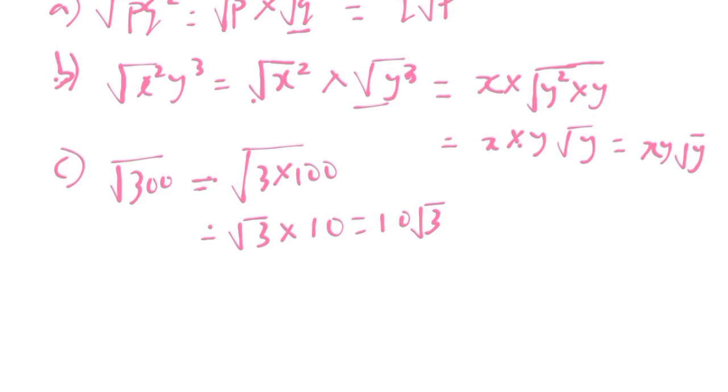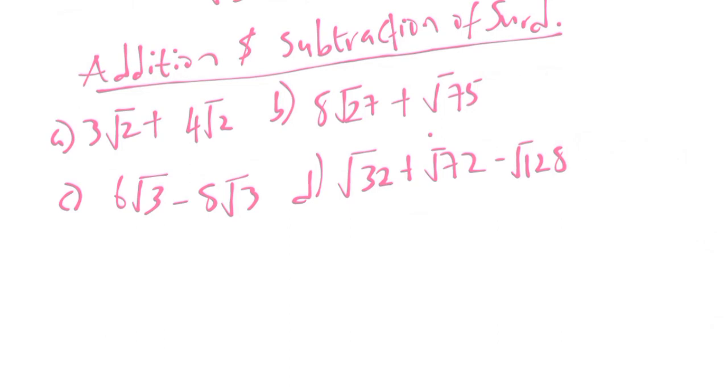So we're going to do another example now. I said that we're going to continue with addition and subtraction of surds. So you have to simplify this. It's simple to do. What you should know about surds is that they are like an equation or algebra where you collect like terms.